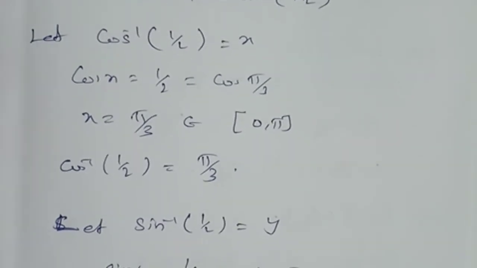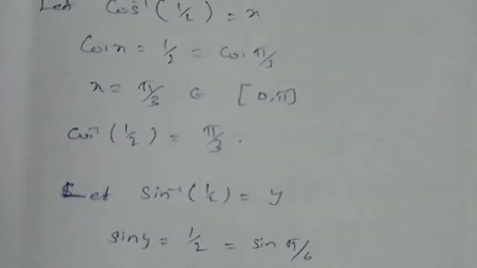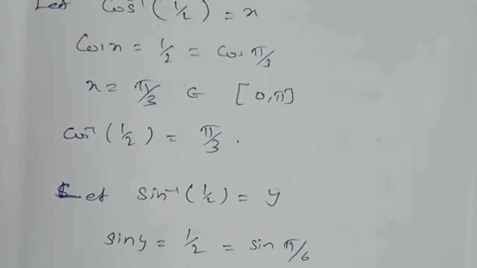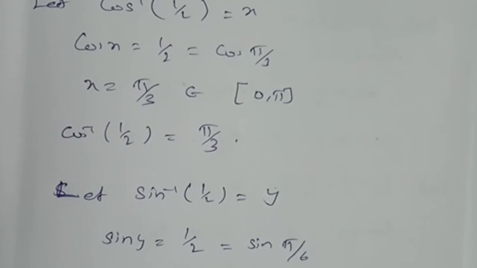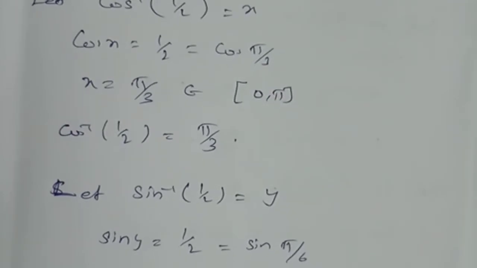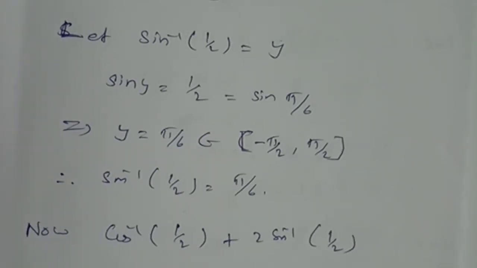Therefore sin inverse of 1 by 2 is equal to pi by 6. Now cos inverse of 1 by 2 plus 2 into sin inverse of 1 by 2 is equal to pi by 3 plus 2 into pi by 6. This is equal to pi by 3 plus pi by 3, equal to 2 pi by 3. 2 pi by 3 is the answer.